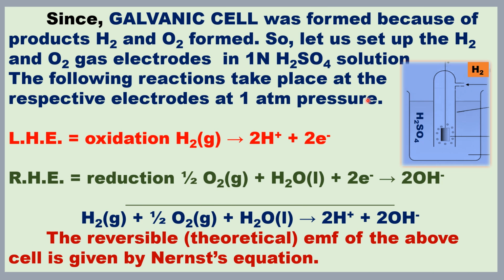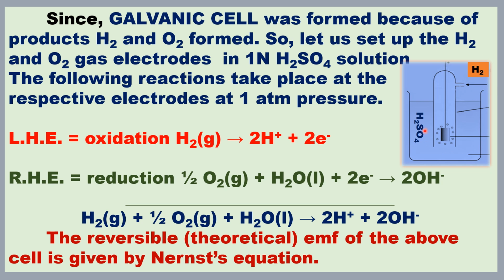As I said earlier, hydrogen gas is evolved. So in the electrolytic cell, a galvanic cell was formed, the hydrogen gas electrode. Since a galvanic cell was formed because of the products, a hydrogen gas electrode and an oxygen gas electrode are formed.